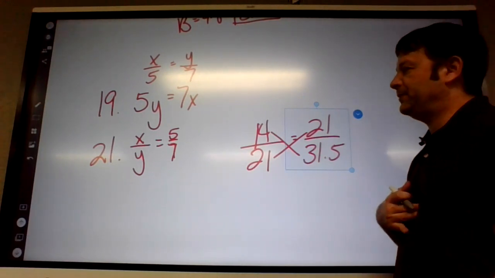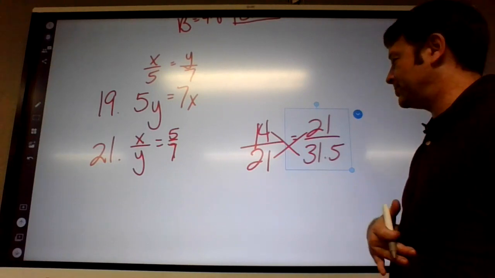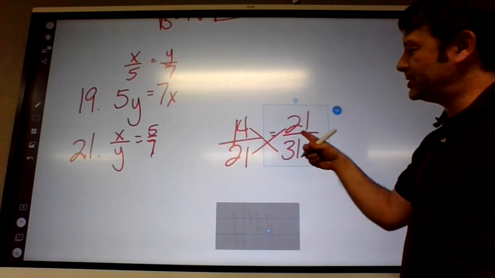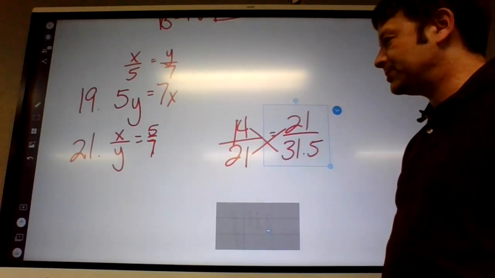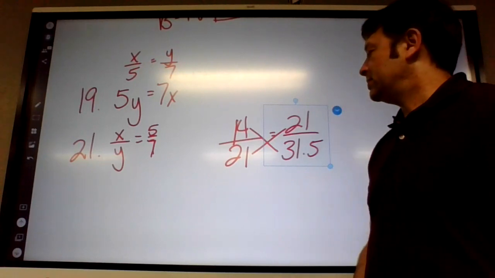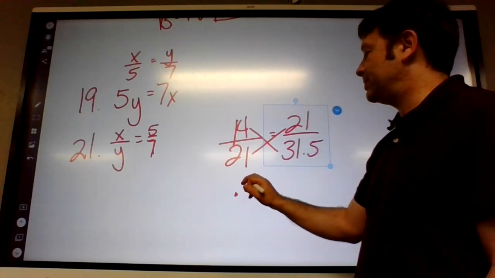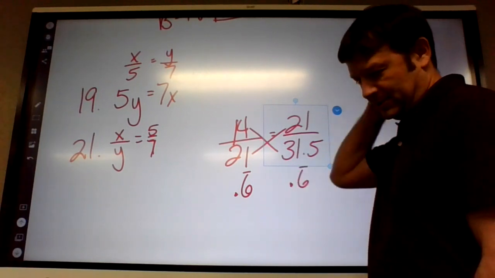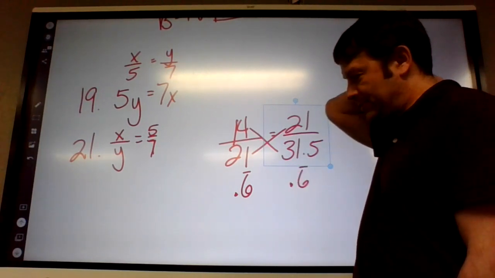Okay, yeah. If you reduce them both, he said he divided those by 1.5. I don't know what made you think of that, but yeah, that does reduce to 14 and 21. Both of these, if you divided them, are like 0.6 repeating. Put it that way, 2/3.